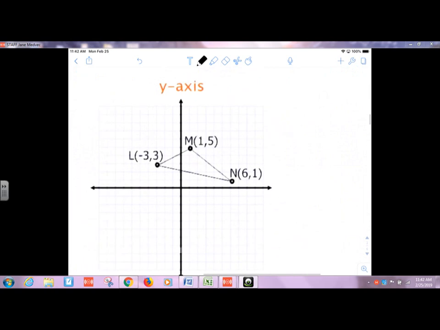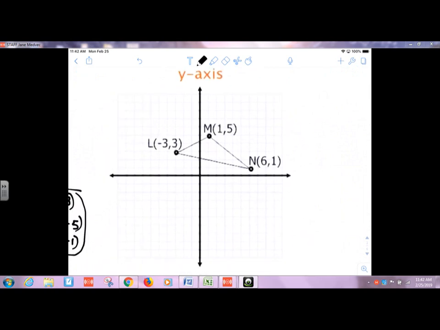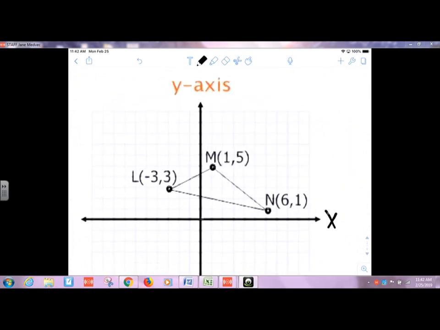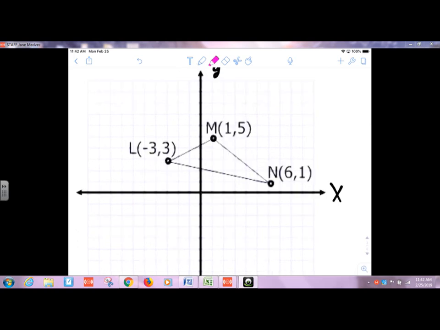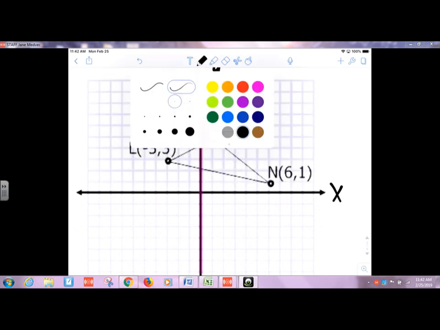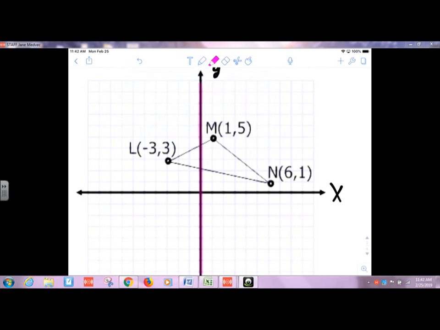Now if we're going to take a look at the y-axis, if this is the x-axis, this up here is the y-axis, and I'm going to highlight the axis. Again, it makes it a little bit easier. How far away is M from the y-axis?